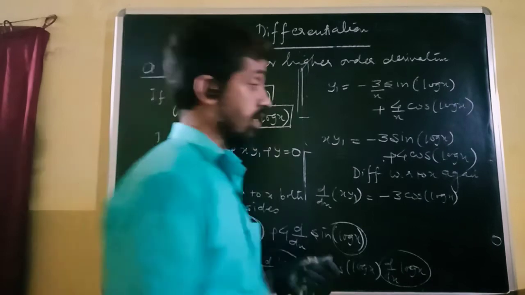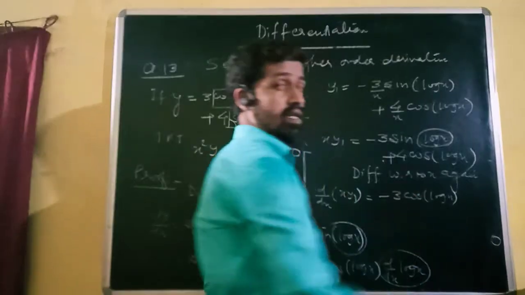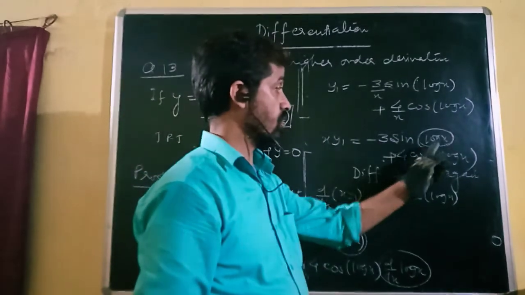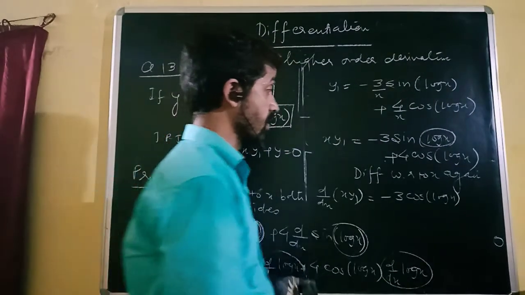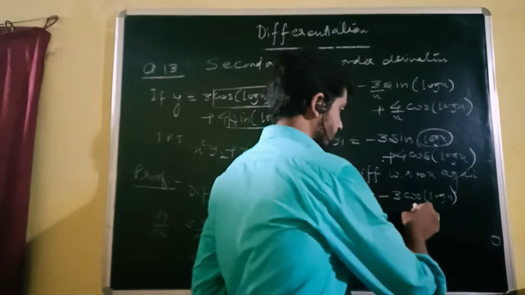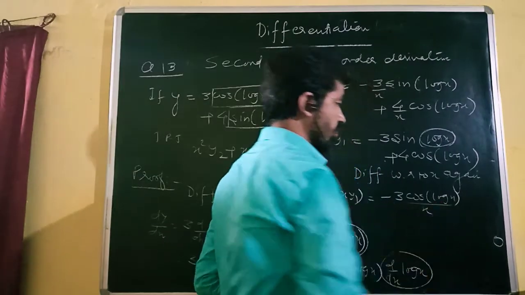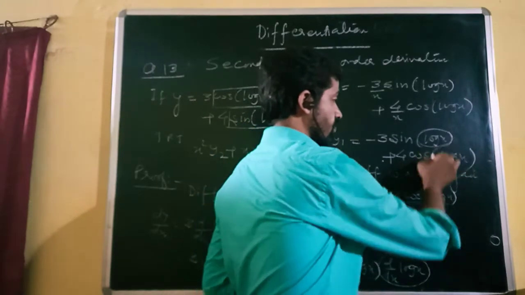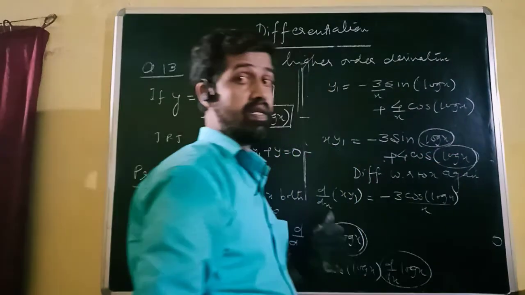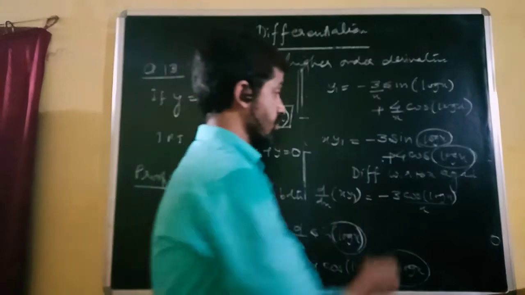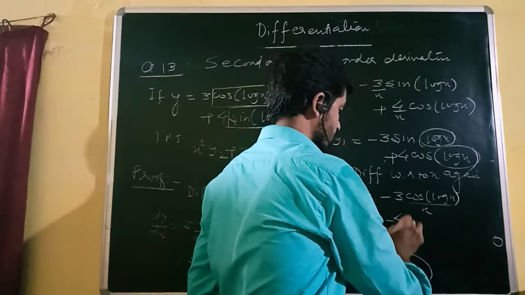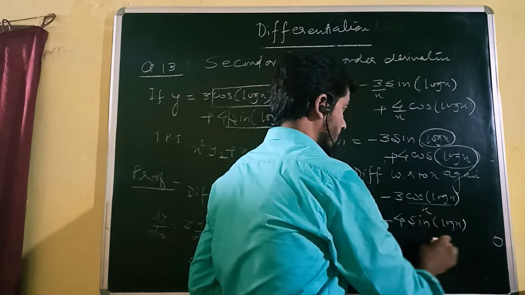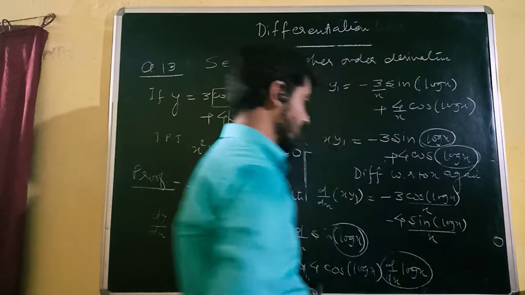As I told in the initial case, it is to be assumed as x, so it becomes minus 3 cos log of x, and log of x differentiation by chain rule, which we have already practiced, is 1 by x. And here also cos of this one, so cos differentiation is minus, so it becomes minus 4 sin log of x upon x, children.